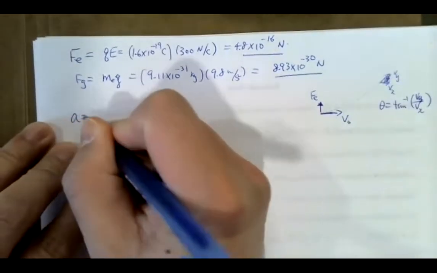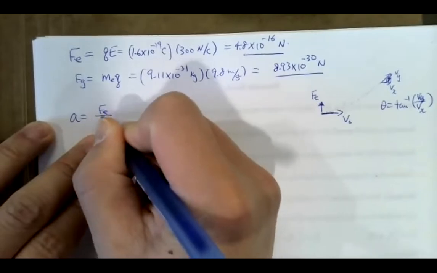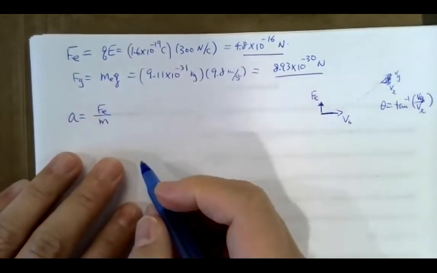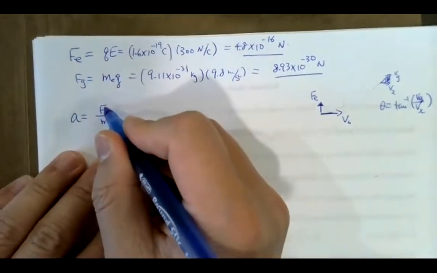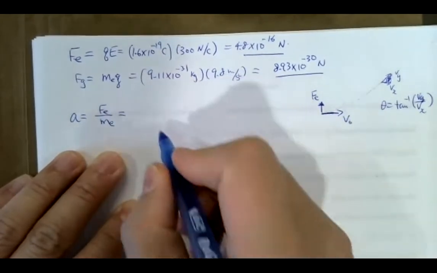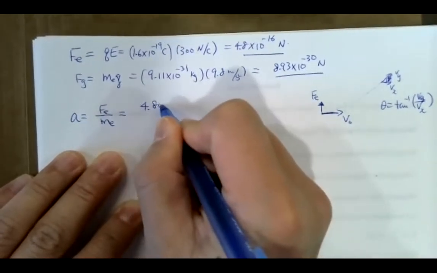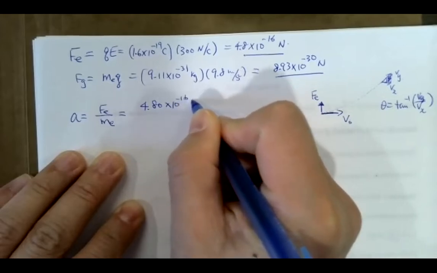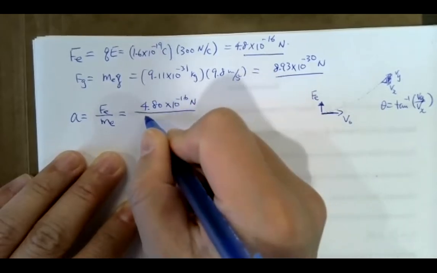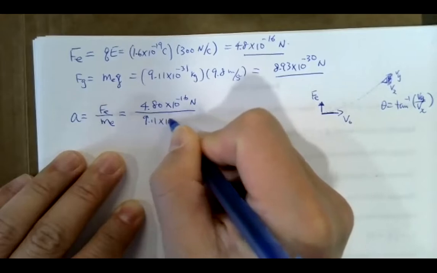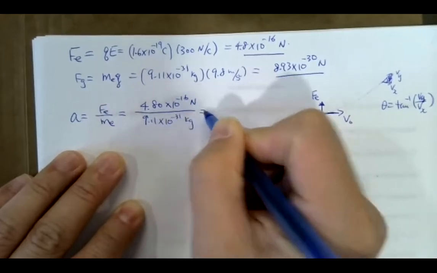All right, so the overall acceleration then will be just coming from the force on the electron divided by its mass, the electric force. So 4.8 times 10 to the negative 16 divided by 9.11 times 10 to the minus 31.